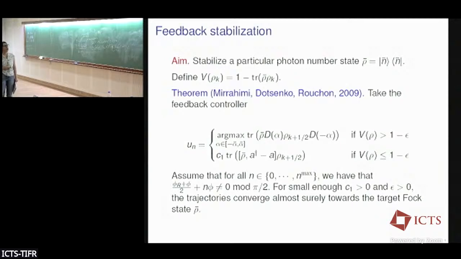So that is why we say, here, when V of rho is less than 1 minus epsilon, it means that we are very close to the bad attractors. Then you take this argmax, and this is very natural, because you want to maximize the distance between this and rho bar, right?